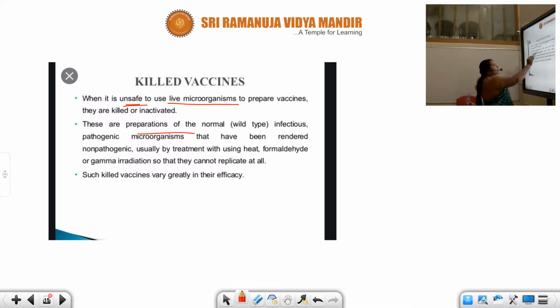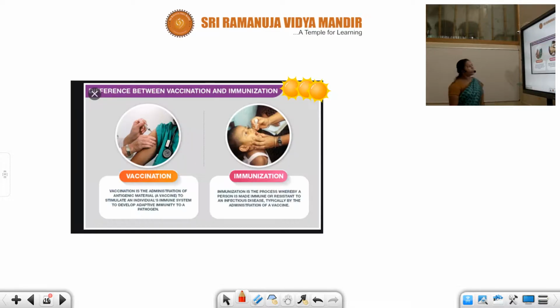These are preparations of normal infectious pathogenic microorganisms that have been rendered non-pathogenic, usually by treatment with heat, formaldehyde and gamma radiation, so that they can't replicate at all. Such killed vaccines vary greatly in their efficacy. So this is about the killed vaccine, students.